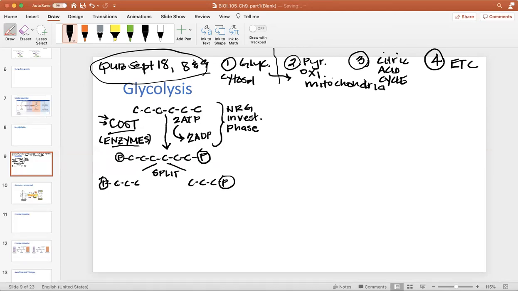So what happens next? Well, next, we can enter into the phase where we start getting some energy back out. So this next phase is called the energy harvesting phase.